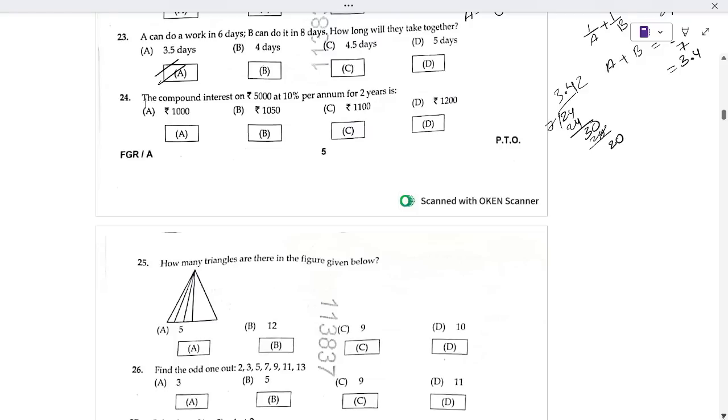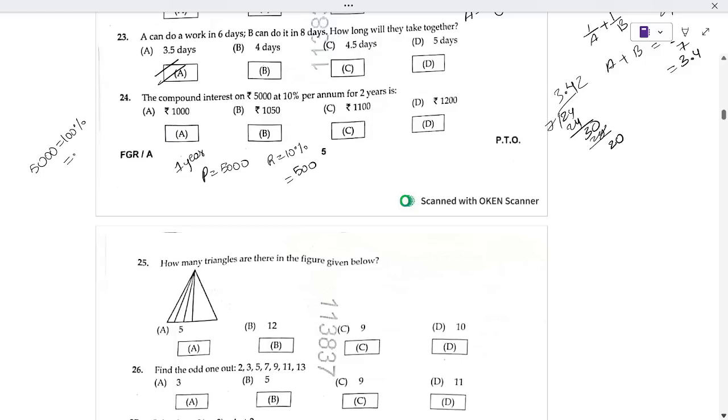Now here, without formula, alright, without formula you can solve easily. If the principal is 5,000, for the first year, the rate of interest will be 10%. So 10% of 5,000 will give us 500. Since 5,000 is 100%, they're asking us to find 10%.